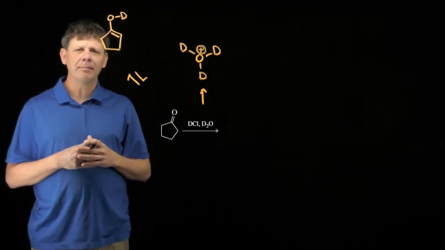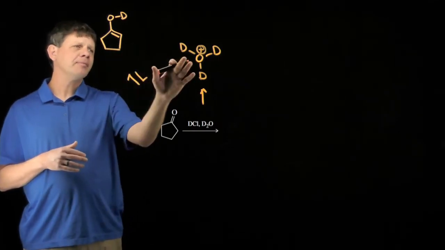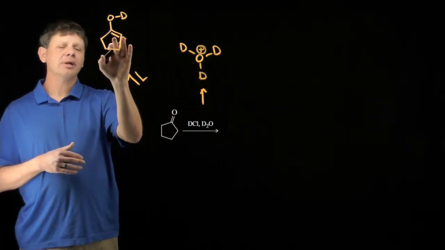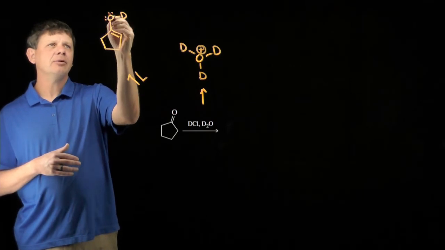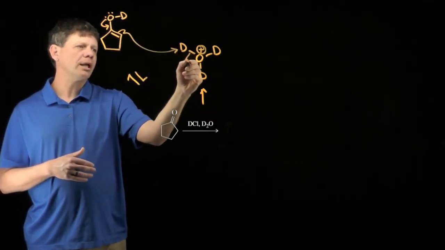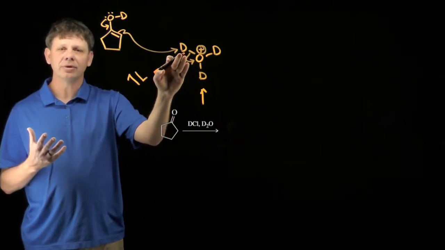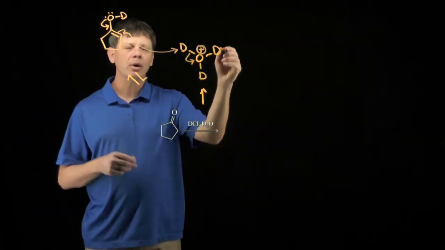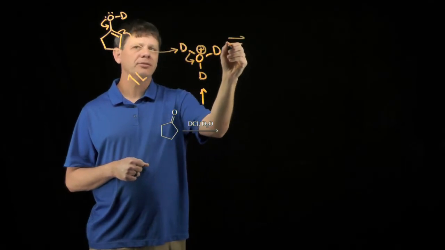From here, we can think about the mechanism of the next step, that this acidic proton can react with this alkene by using this lone pair to come down, push those pi electrons out to protonate, to grab this deuterium, in the same way that it would react with H+.